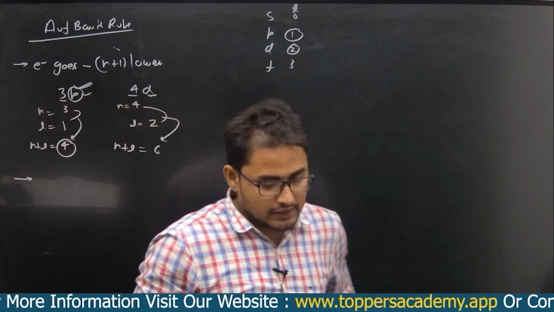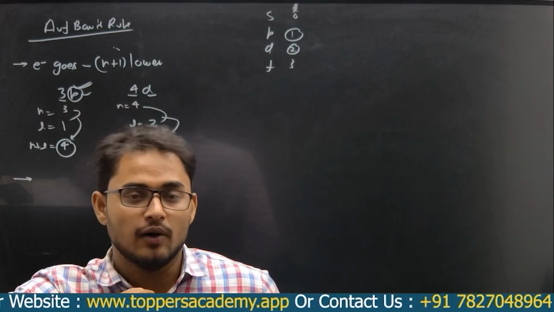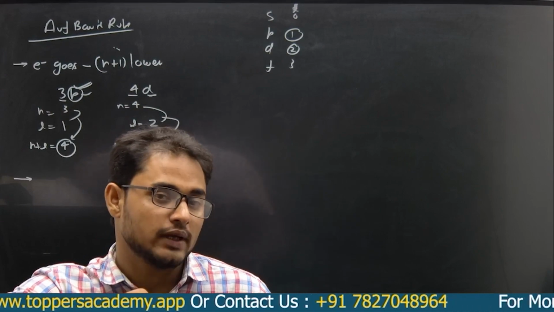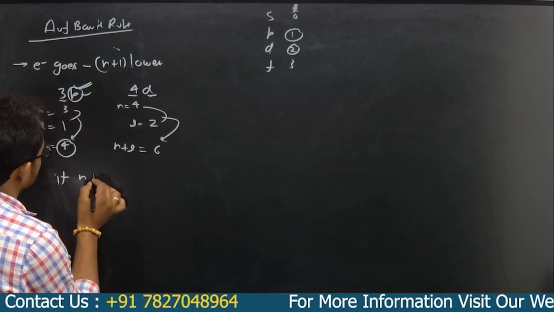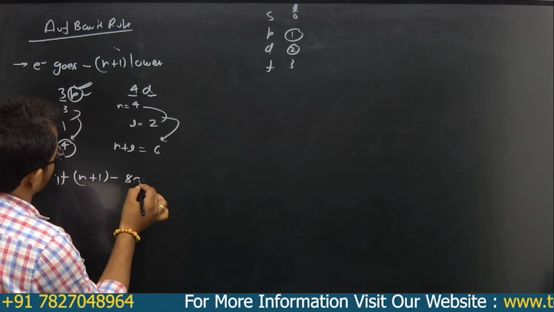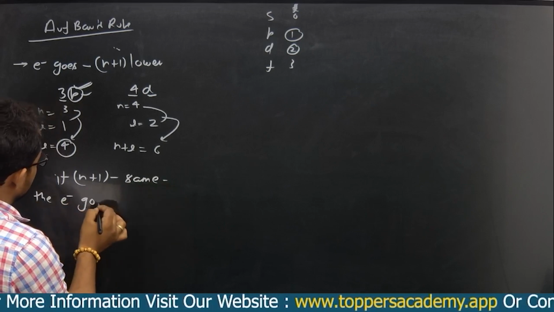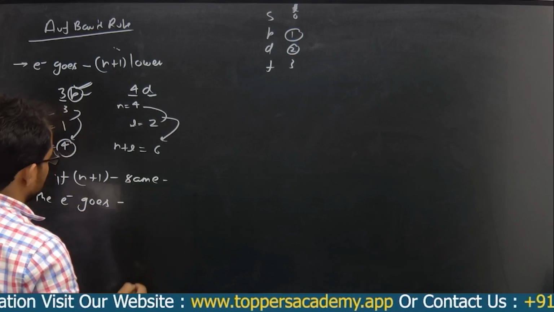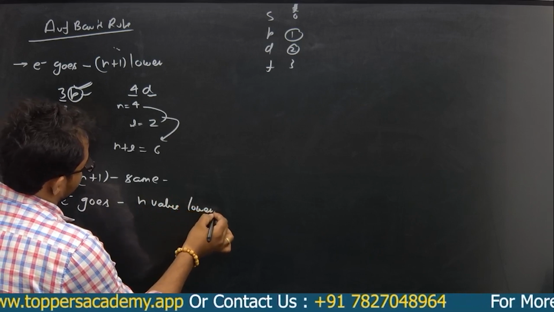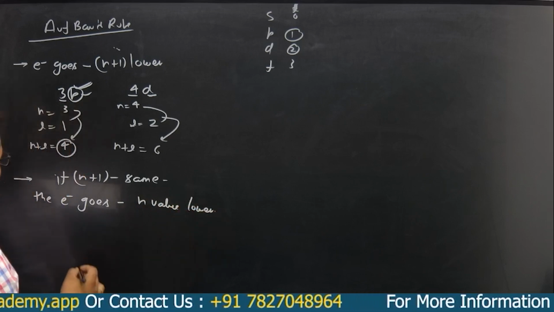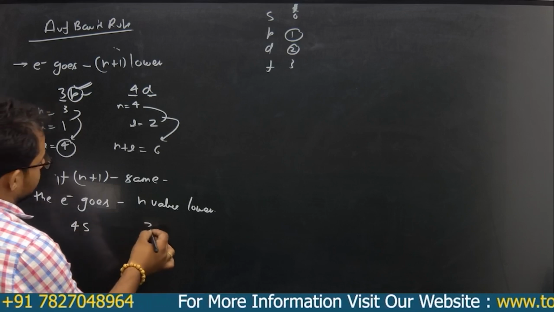Suppose the value of n plus L is the same for two types of orbital, then what will happen? If n plus L is the same, then the electron goes to that subshell for which the n value is lower. Suppose I take 4s and 3p.